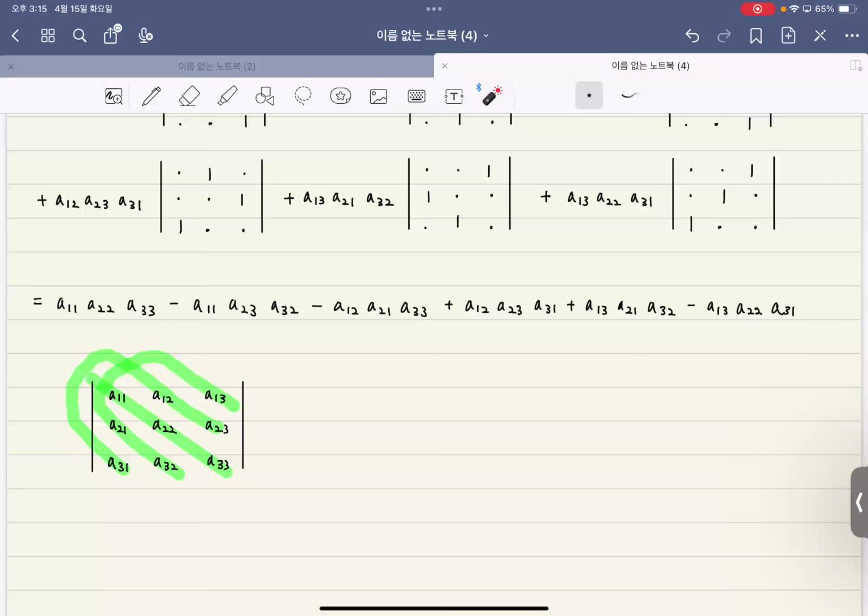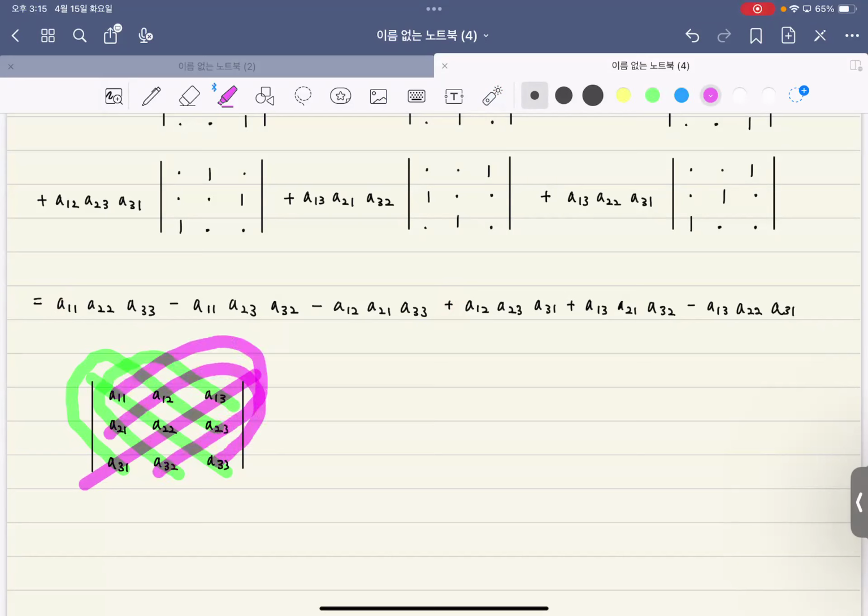These 3 numbers and these 3 numbers and these 3 numbers, the products of these numbers, appear with the positive sign. And this, this, and this. The product of these three numbers and these three numbers and these three numbers appears with negative signs. So you have total 6 terms.